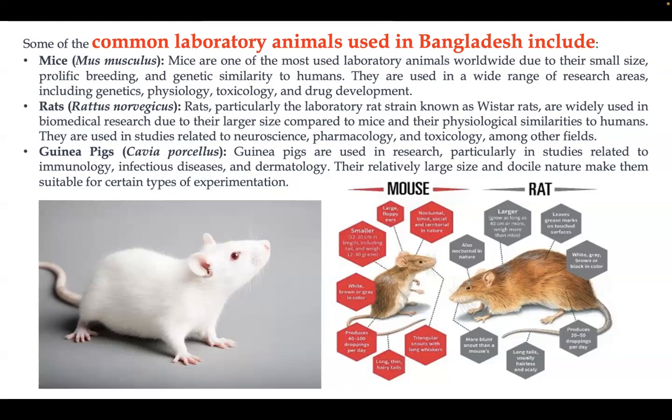So the rat is a bit larger in size than the mouse, and they have some differences in their body structure as well. We have mentioned some of the differences here, but the picture may not be that clear for you.